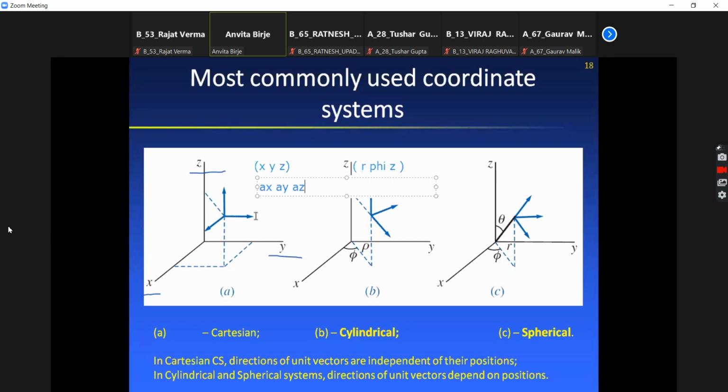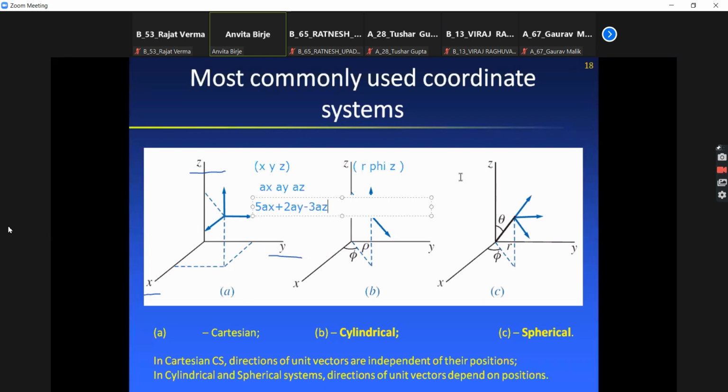Okay, so हम लोग वेक्टर कैसे लिखेंगे? वेक्टर लिखेंगे फॉर एग्जांपल 5 a bar x plus say 2 a bar y, say minus 3 a bar z. This is how you write down the vector in the Cartesian or the rectangular coordinate system.